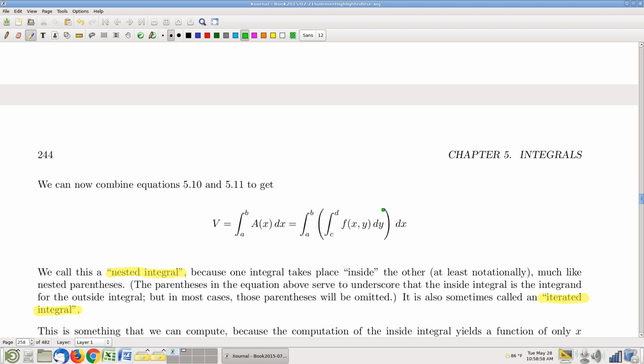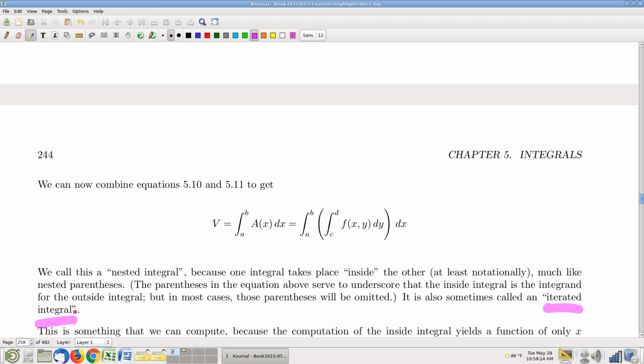That's the appeal. Now, let's talk about terminology. I like to call these nested integrals, because nested is pretty natural: we have something sitting inside of something else. The more common terminology is to call these iterated integrals.